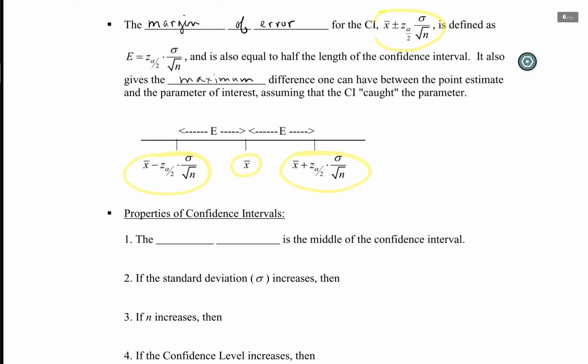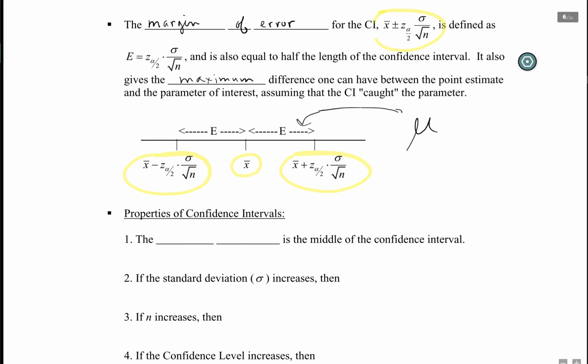If I'm trying to estimate mu, it's unknown, but if mu falls inside of this interval, then the distance between x bar and mu is at most E, the margin of error.